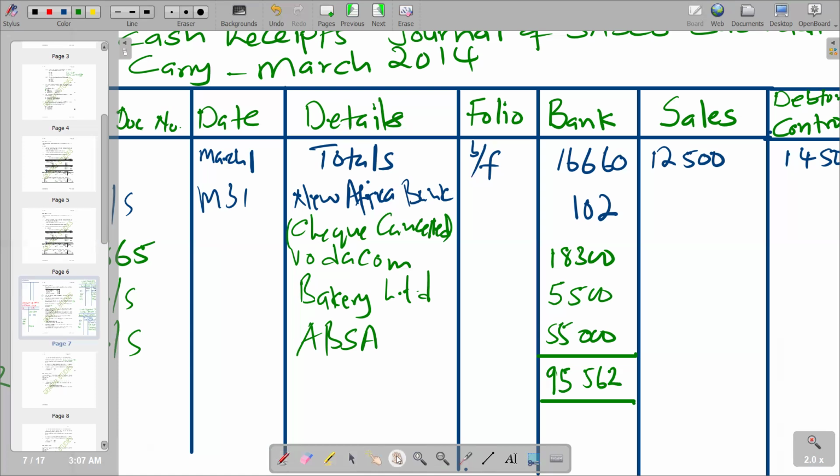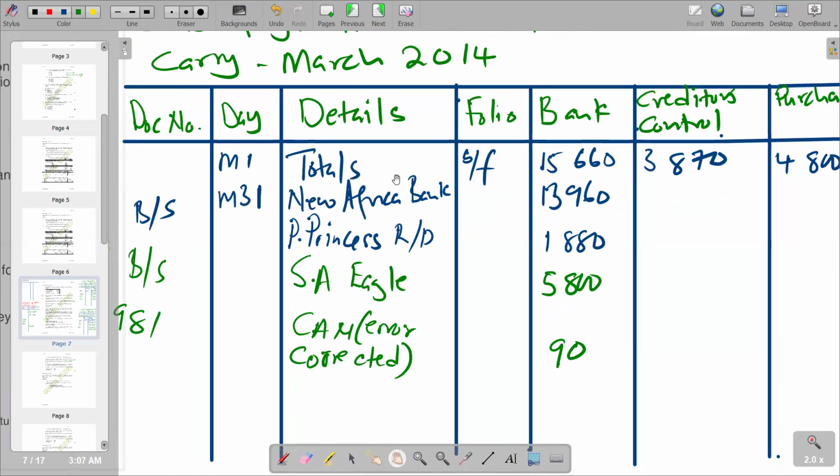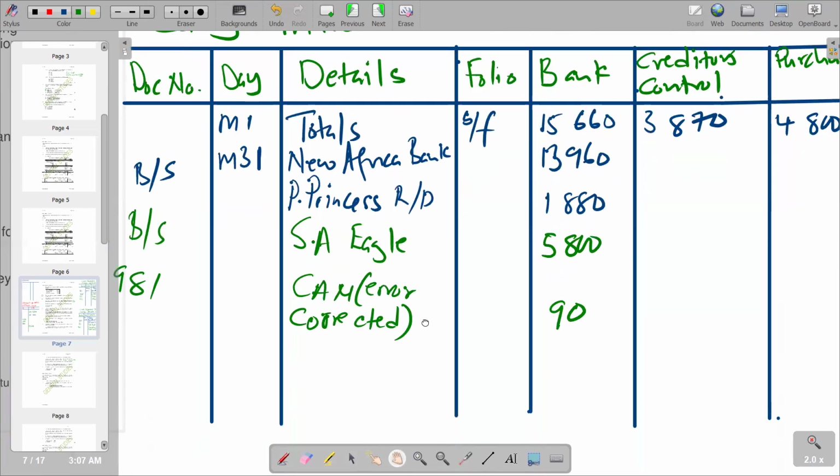We go to the next one, which is the cash payment journal. We do the same, whereby we are creating a double line so that we can add. So we say 15,660, we had 13,960, we had 1,880, we had 5,800, we had 90.